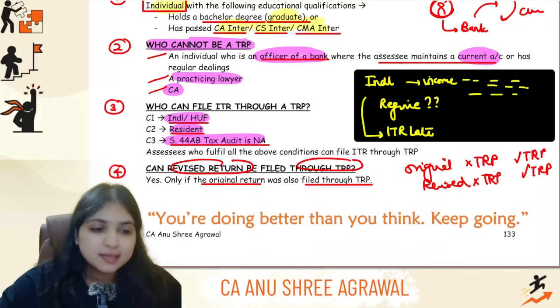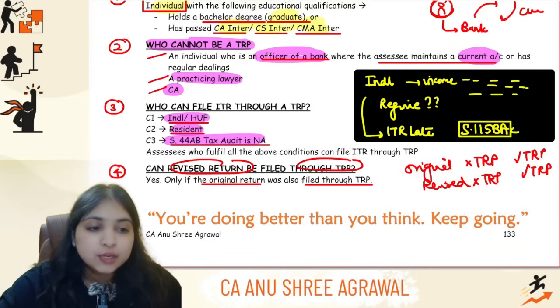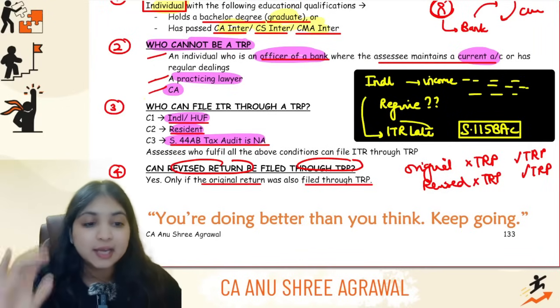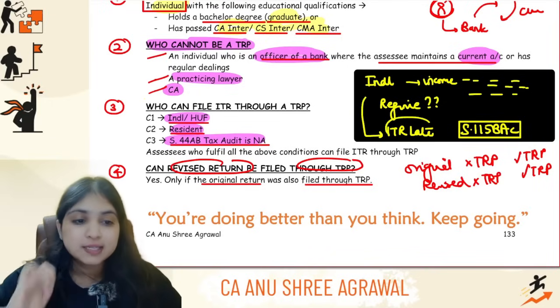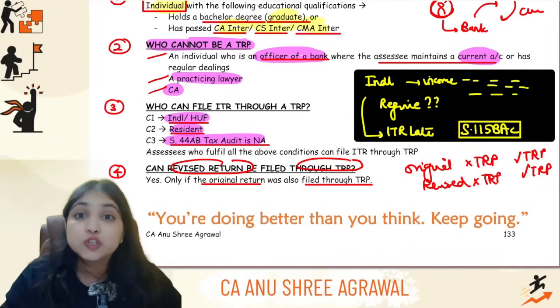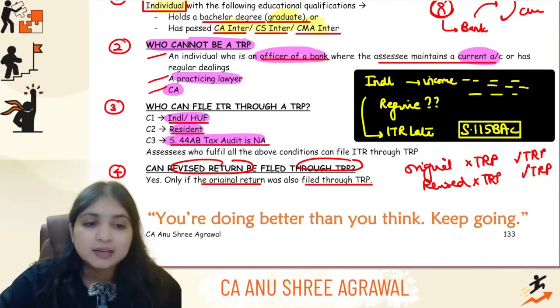So in this case guys, you will be doing the computation as per which regime? You will be doing the computation as per 115BAC only. So if they tell you that the assessee has filed ITR late, indirectly they are telling you that the assessee is following the default regime. Getting my point? Because if the assessee files ITR late, he does not have the option of opting out. His ITR has to be as per 115BAC only.